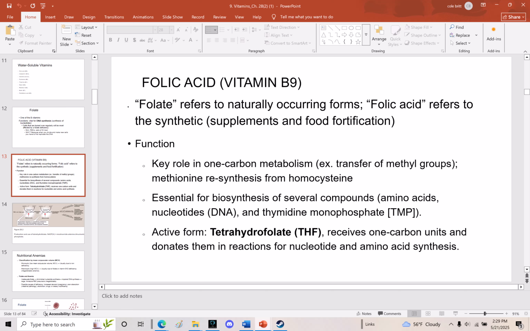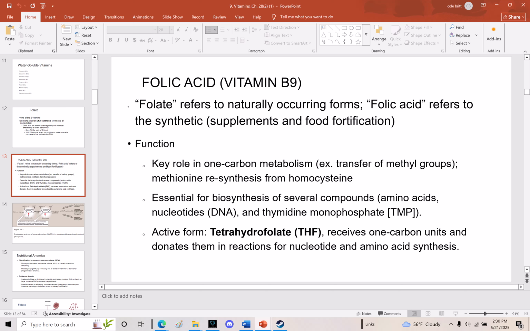Iron deficiency. Iron deficiency causes microcytic. So this is false because it's macrocytic. M-A, macro. So it would be true if this said macrocytic anemia, but it's false because it says microcytic. And iron is the one that causes microcytic anemia.